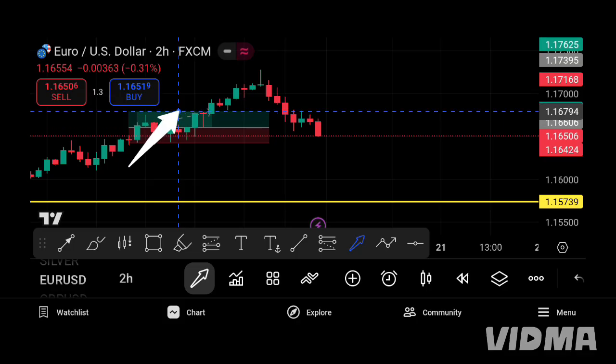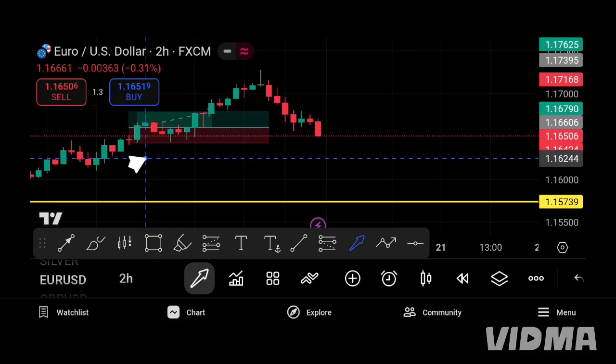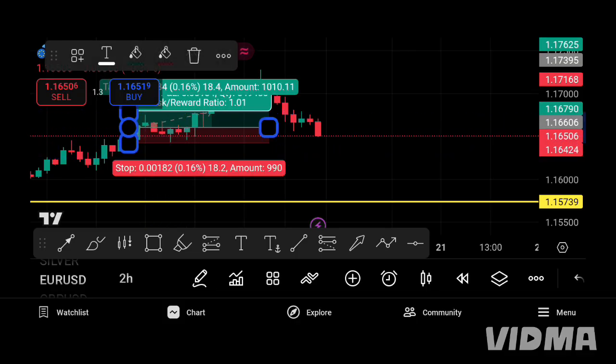Then 1-to-1 was reached, then we hit our target.